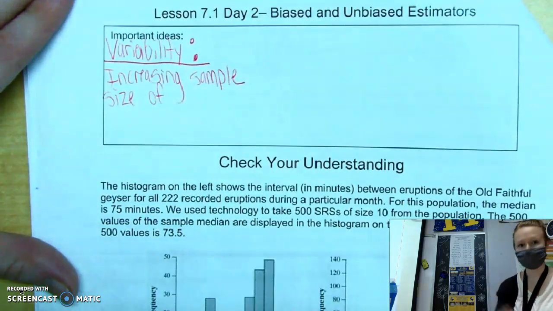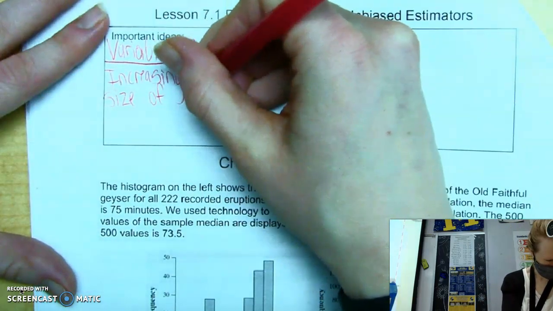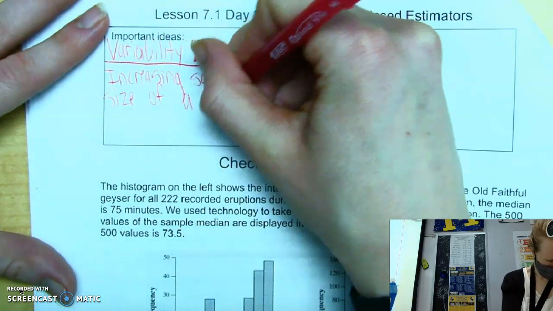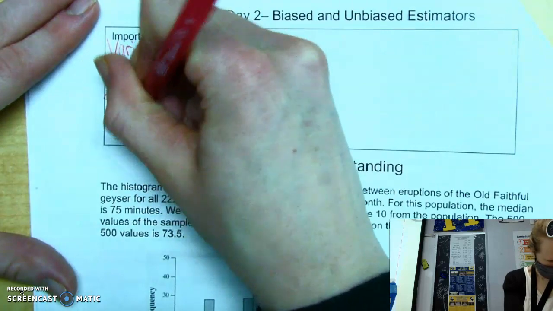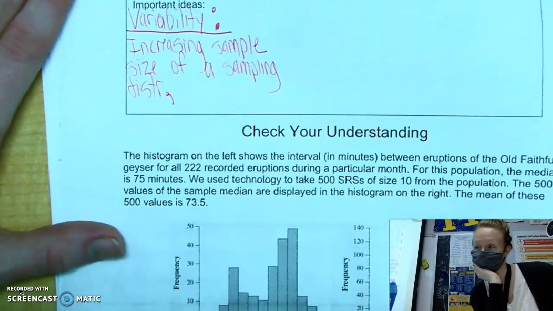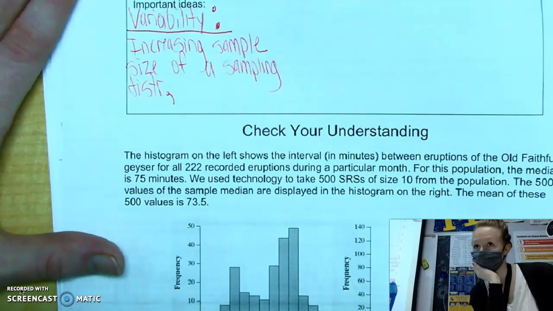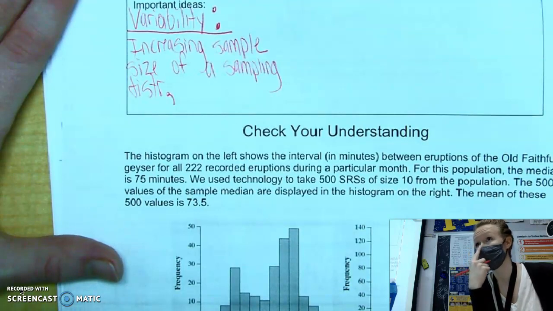If we increase the sample size of a sampling distribution, what should happen to our variability, so the spread of our data? What do you think? Is a bigger sample size going to be a good thing or a bad thing?